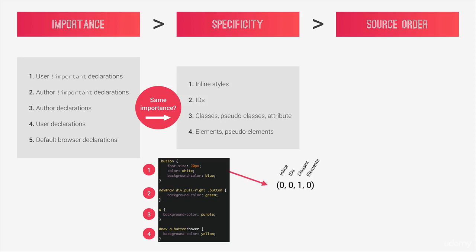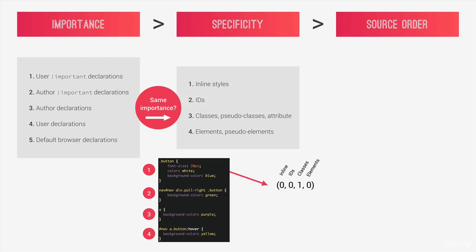The specificity is actually not just one number, but one number for each of the 4 categories I showed you before: inline styles, IDs, classes, pseudo-classes and attributes, and finally elements. And for each of these, we count the number of occurrences in the selector. Simple as that. So, here in selector 1, we don't have any inline styles, of course, because an inline style has to be written in the HTML, which is not the case here.